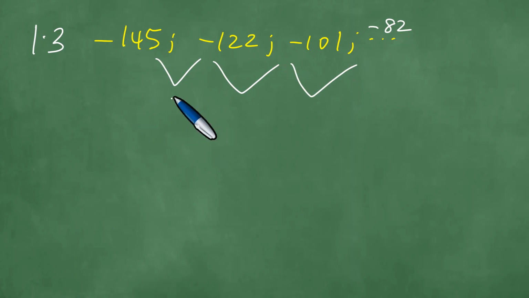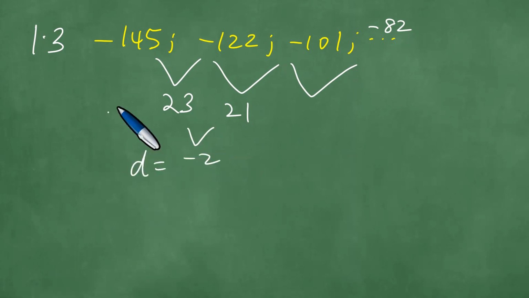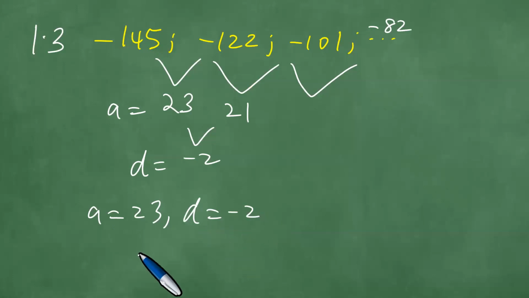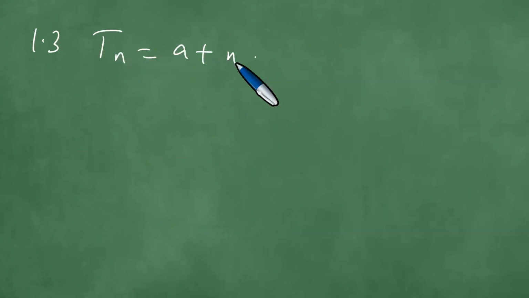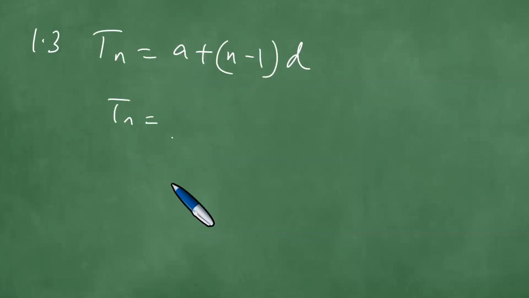I'm not going to bore you with those. This became 23, by taking the next minus the previous, and this became minus this. So the first term is this. Which means that in 1.3, a is minus 1, d is the first term, 23.